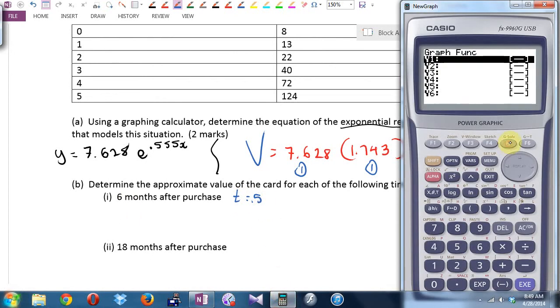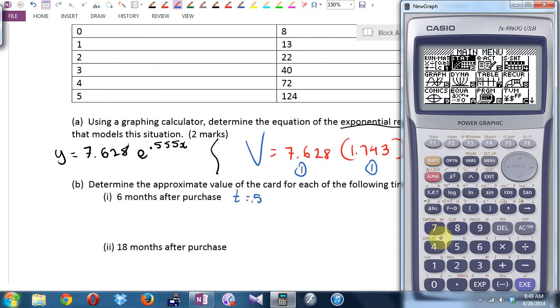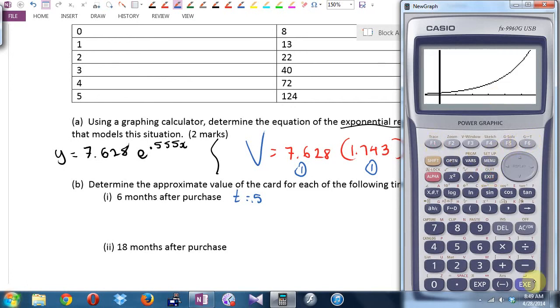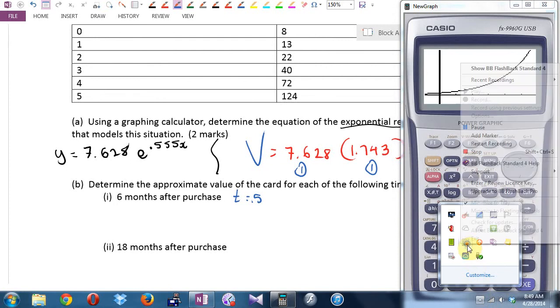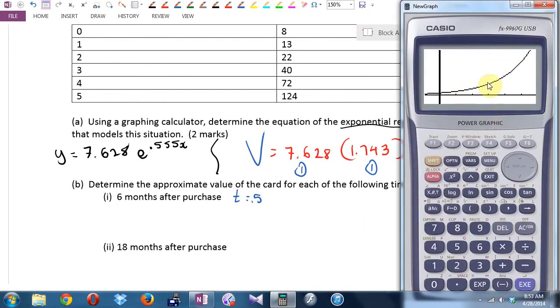I'm going to copy this equation into my graph. Oh, got to select the equation every time. Draw. I forgot, Mr. Dueck. So I've copied this equation. What I like about these calculators is they usually pick a half-decent view window.